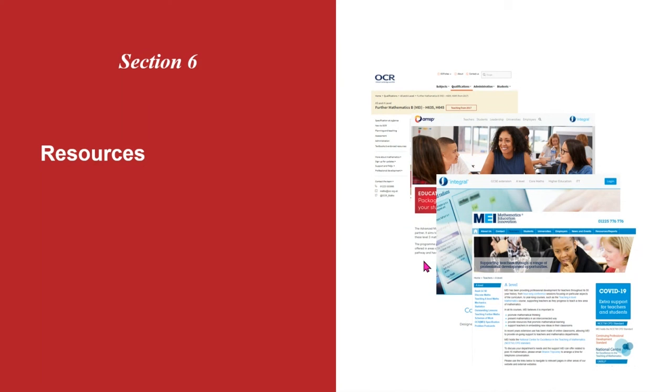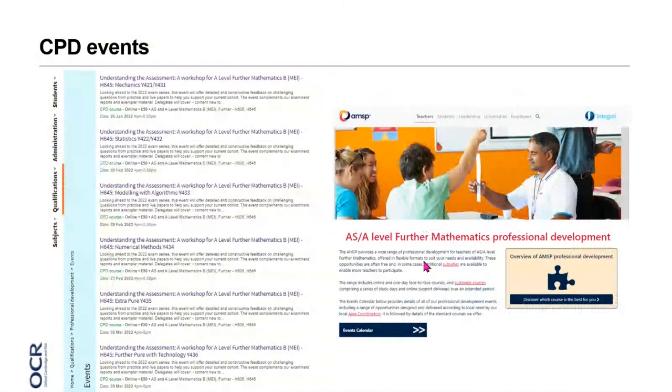And there are also resources on the MEI website as well, freely available. This is part of a series of recorded CPD events, and OCR regularly runs CPD for teachers of this specification. Keep an eye open for that.